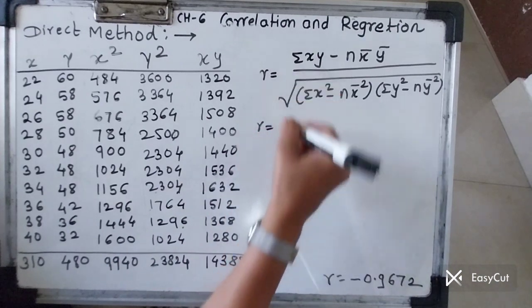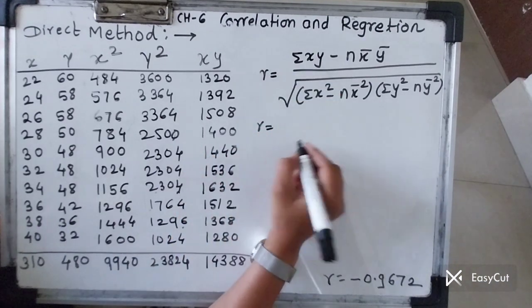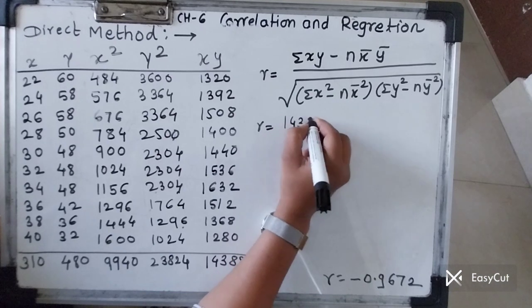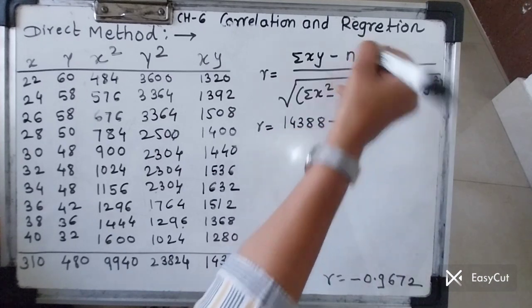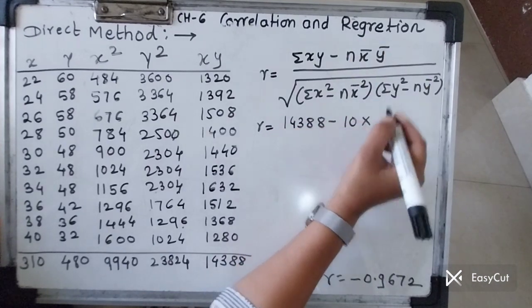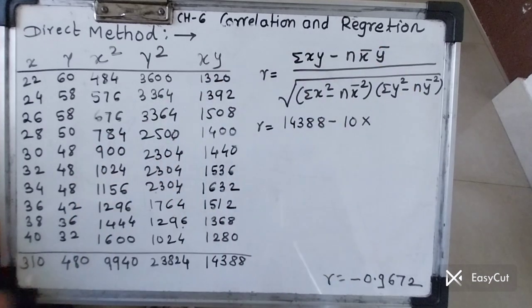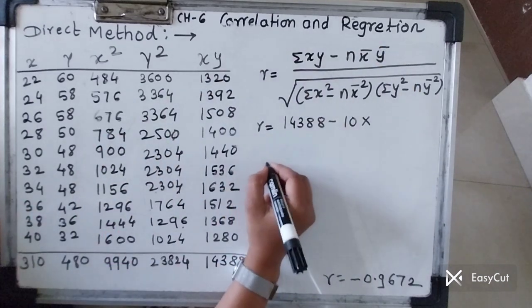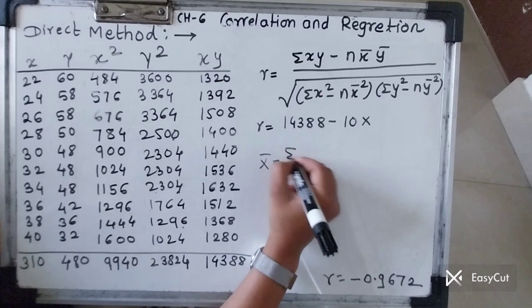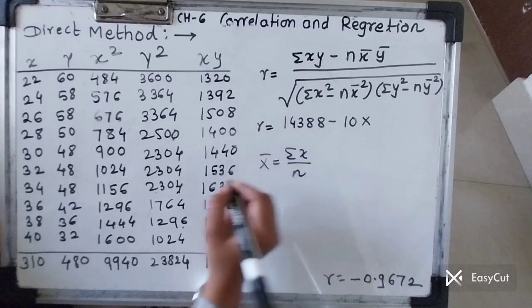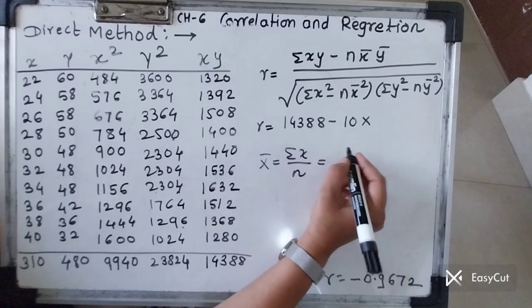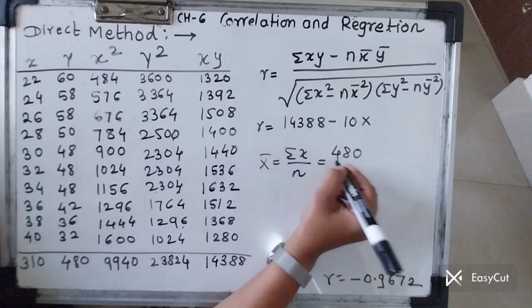R equal to summation xy. Summation xy is 14388 minus n. N is 10. X bar. What is the x bar? See, x bar equal to summation x upon n. Summation x is 480 upon 10.